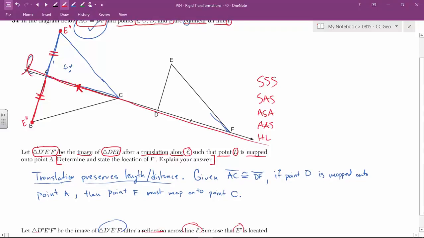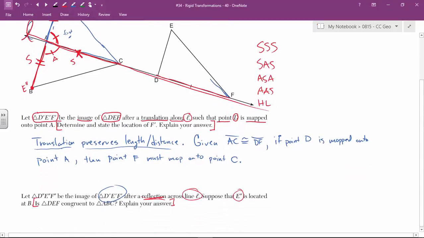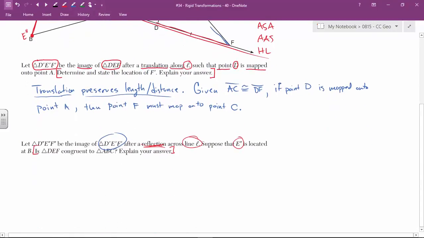Side AC is congruent to DF because it's not moving. Not only is size preserved, but the shape too, so the angles are all preserved. This blue angle is congruent to the red angle. So the triangles are congruent by side, angle, side, which is a consequence of reflection.